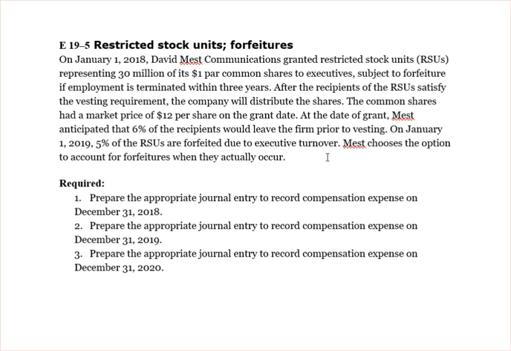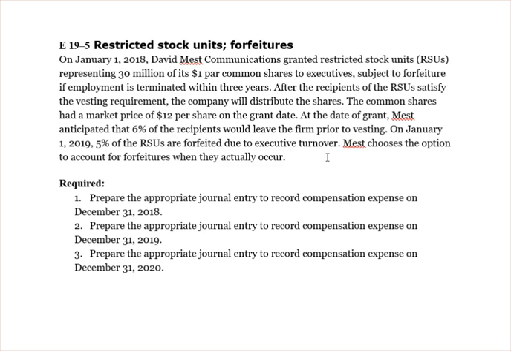So, again, if I were working this problem, I would not probably take this option to account for forfeitures when they actually occur. If I anticipated 6% would leave the firm prior to vesting, my first journal entry when I started doing compensation expense would be based on that 94% and not the total.